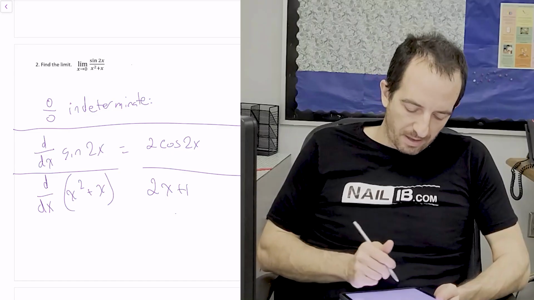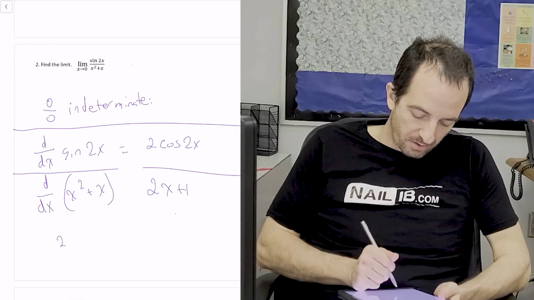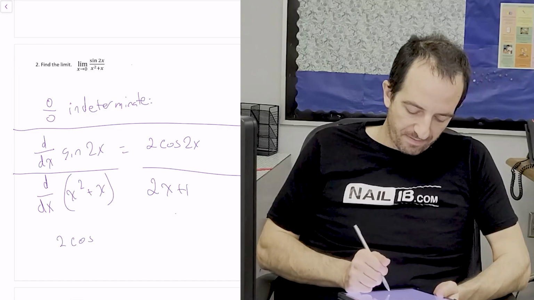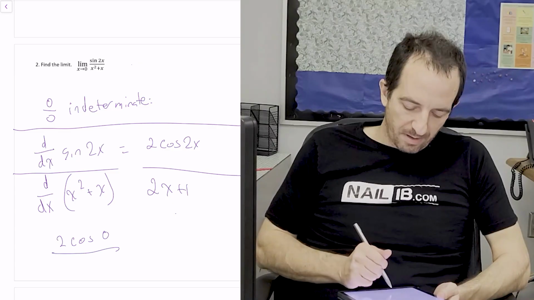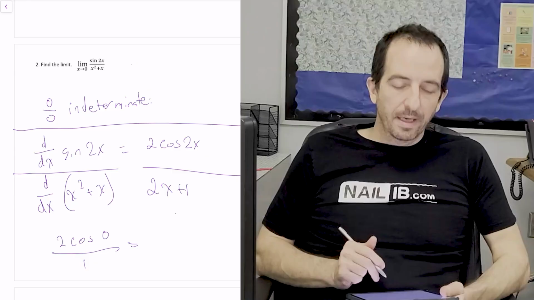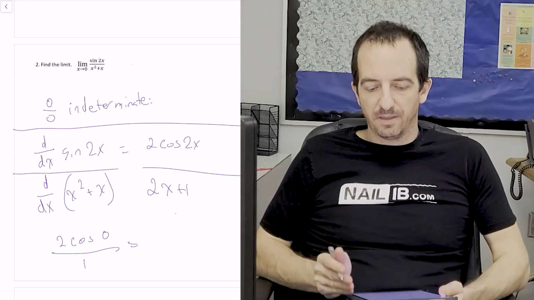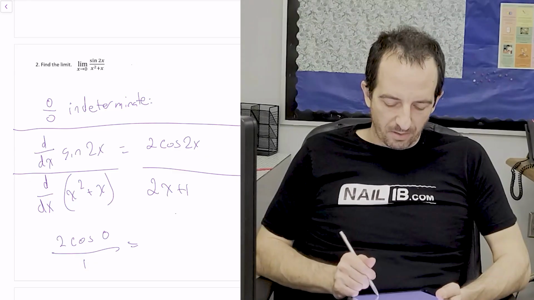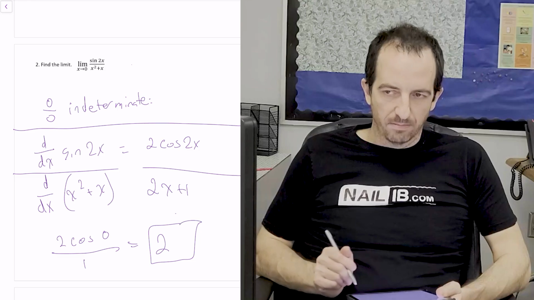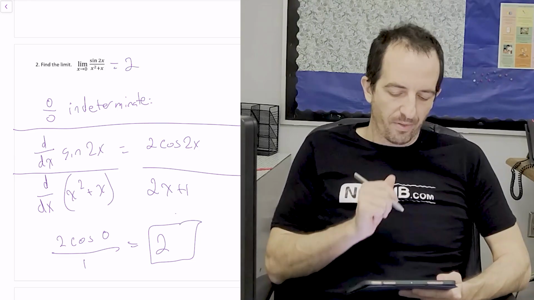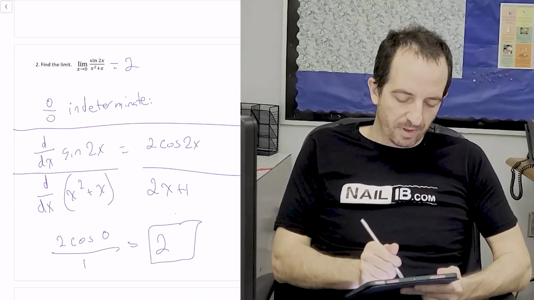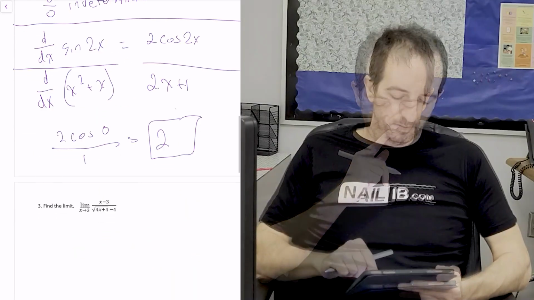We end up with 2 cosine of 0 over 2 times 0 plus 1. What is cosine of 0? Cosine of 0 is, again, 1. 1 times 2 is 2. So this equals 2. And L'Hopital's rule showed it to us.